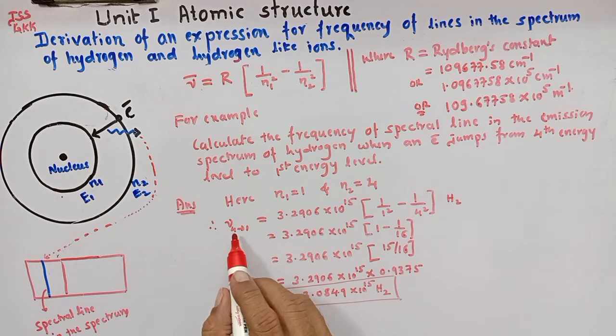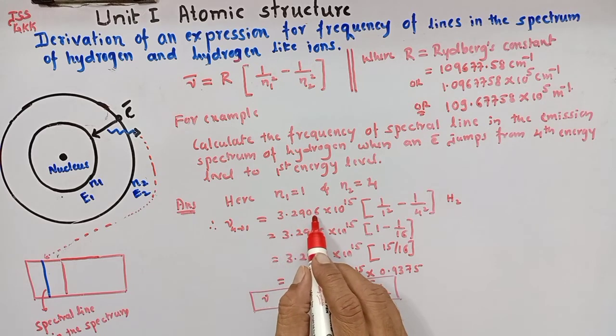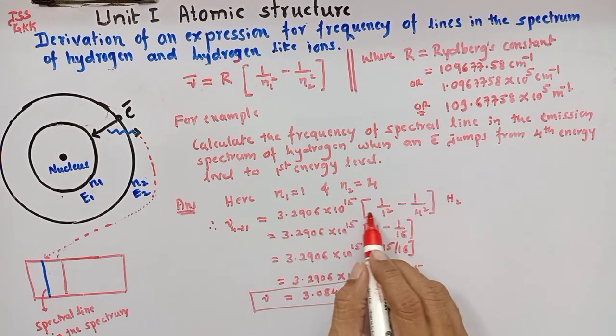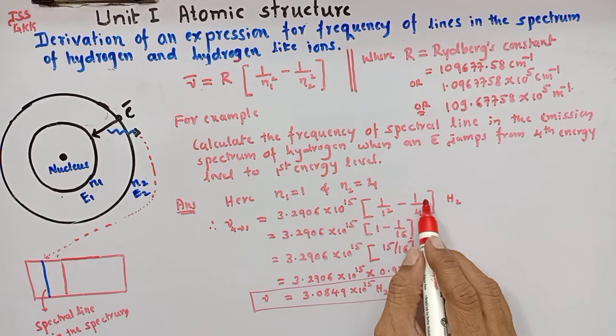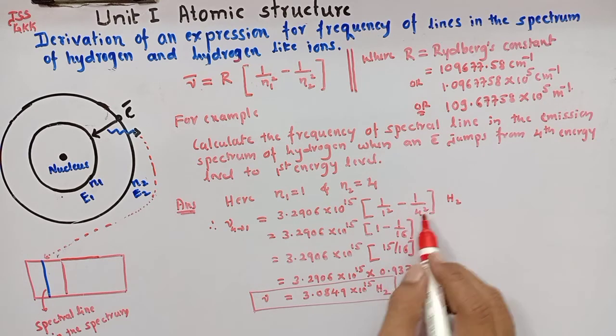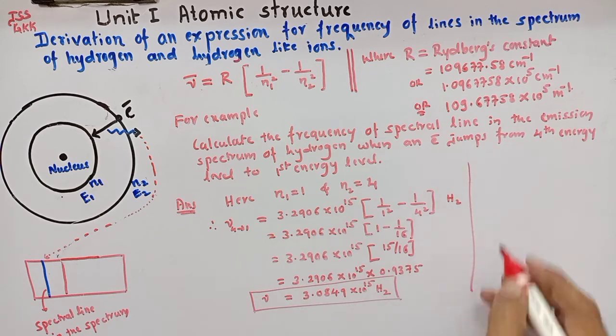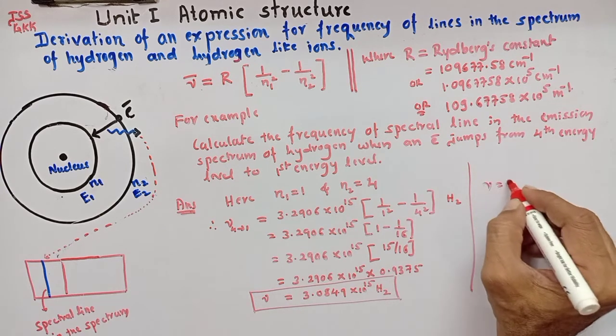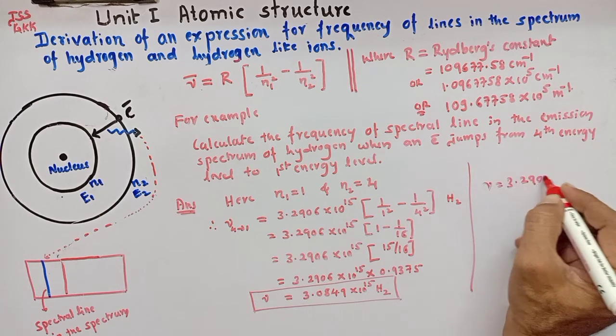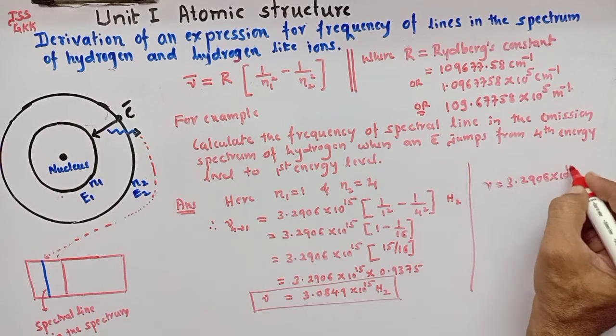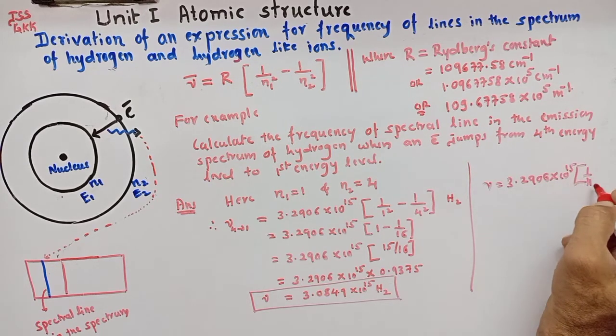Therefore, use the relation that is nu, that is frequency, is equal to 3.290 into 10 raised to 15 into 1 over n1 square minus 1 over n2 square. Here put the value of n1 and n2. Nu is equal to 3.2906 into 10 raised to 15 into 1 over n1 square minus 1 over n2 square, in terms of hertz of frequency.